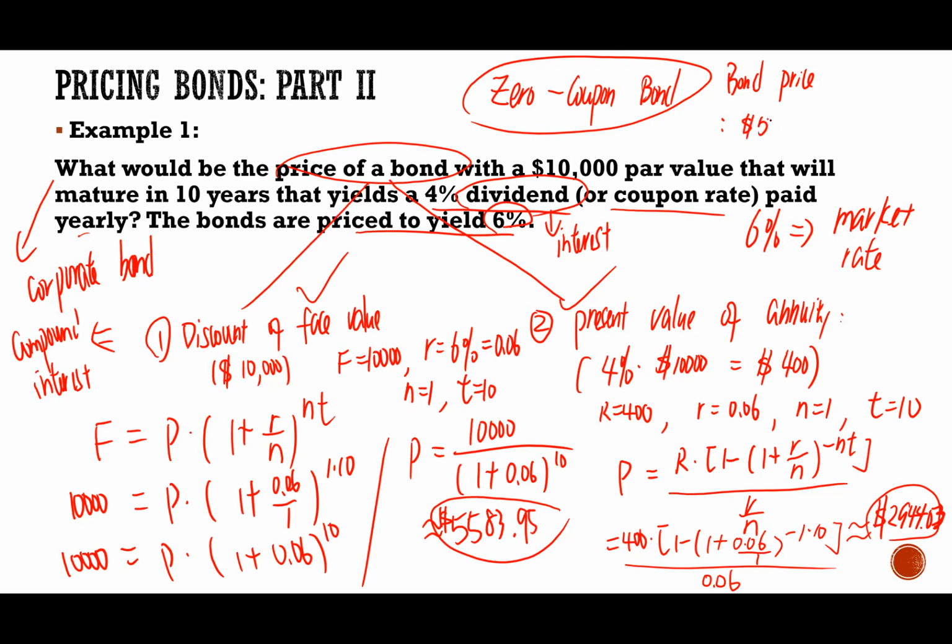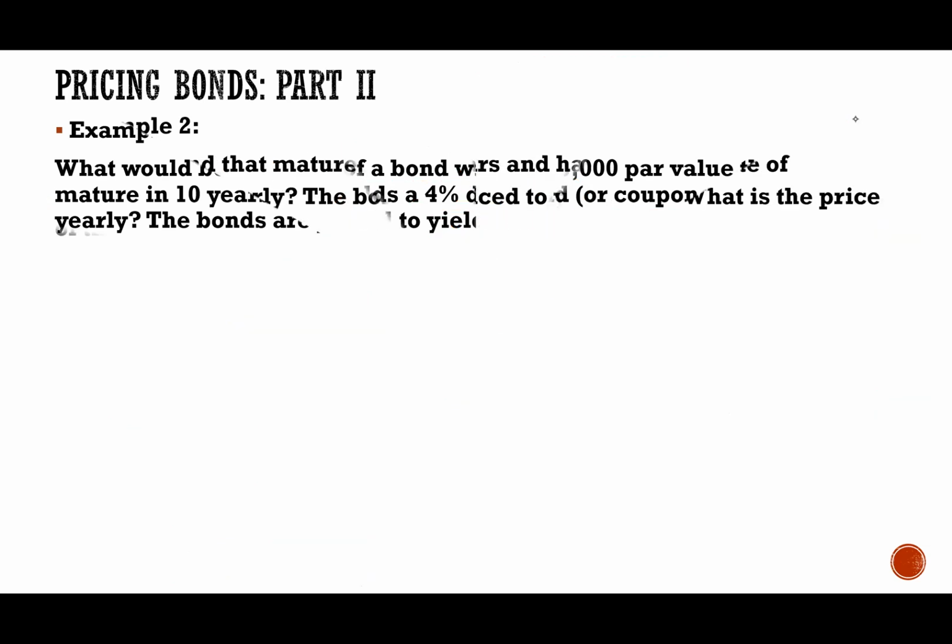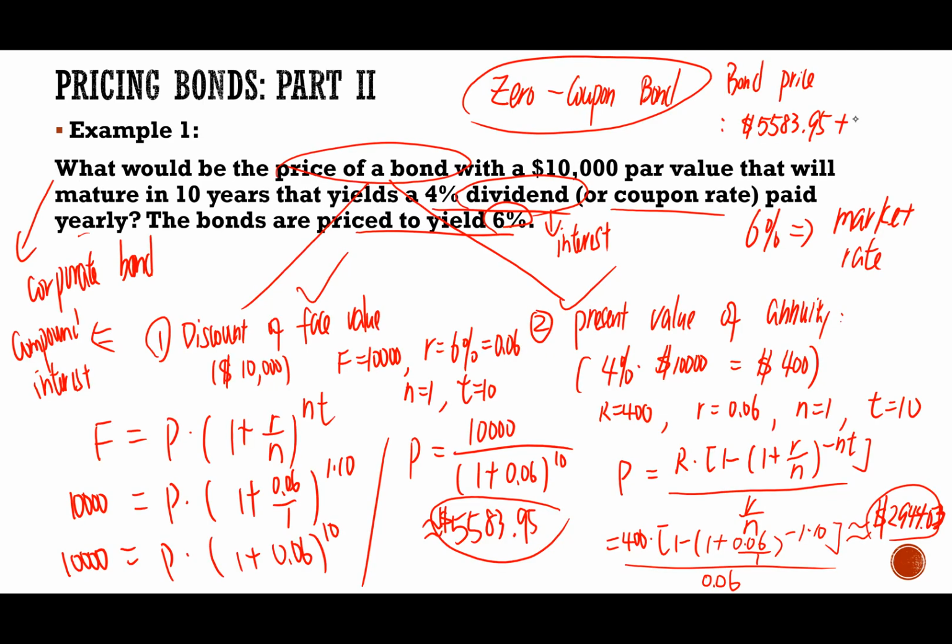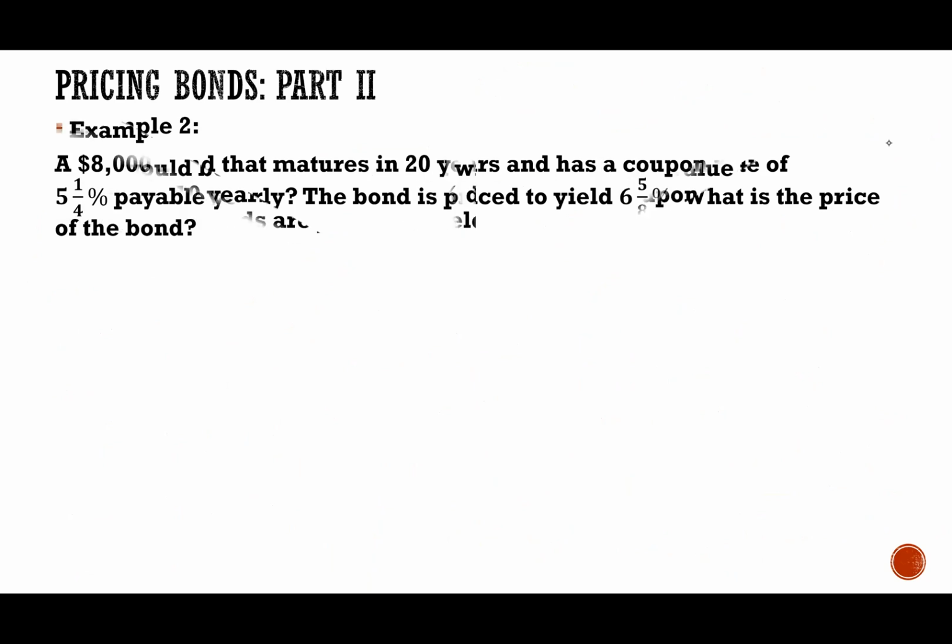Okay, so 5,583.95, adding $2,944.03. And then the total is the total return. Let's see what that is. You can just combine them or put it into Excel.